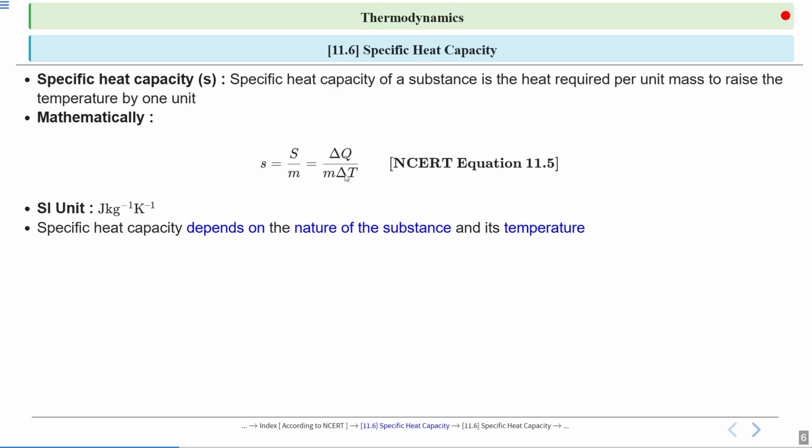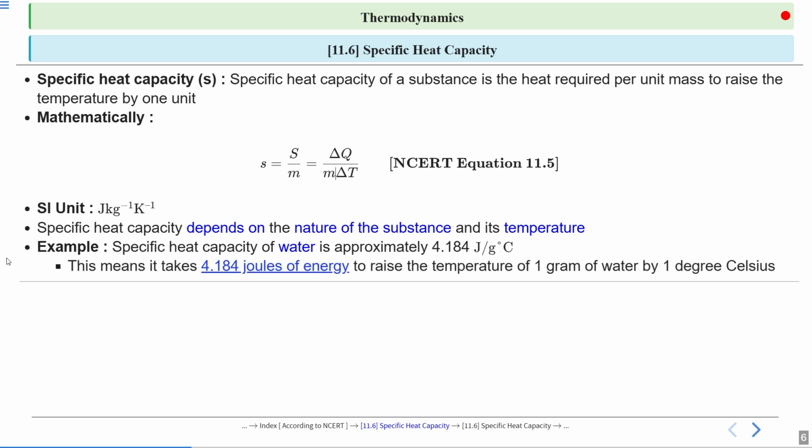These are two important terms: first, M, mass, and second, delta T. From this expression, it is clear that the specific heat capacity also depends on M and delta T.